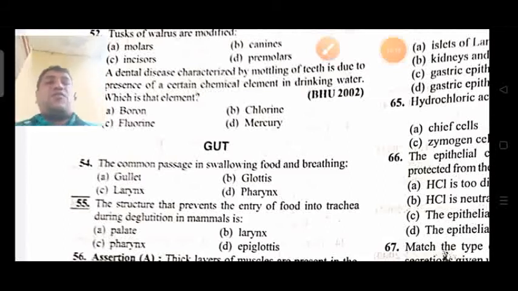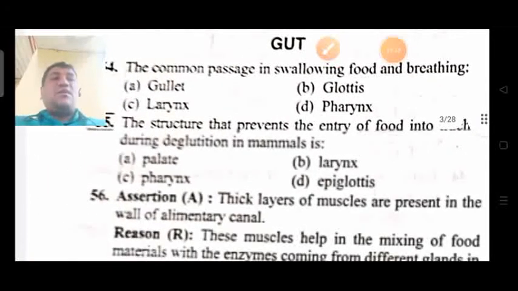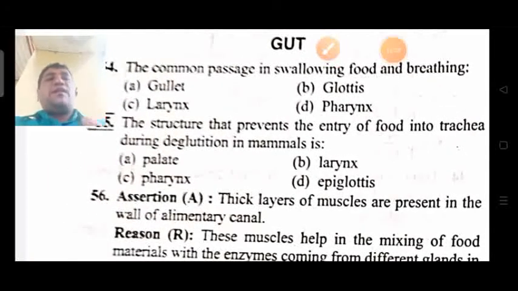Next, 55th question. The structure that prevents the entry of food into the trachea during deglutition, that is swallowing, in mammals is, already we know, palate, larynx, sound box, pharynx. Pharynx is the open portion where the oral cavity connects to the nasal cavity, the trachea as well as the esophagus.